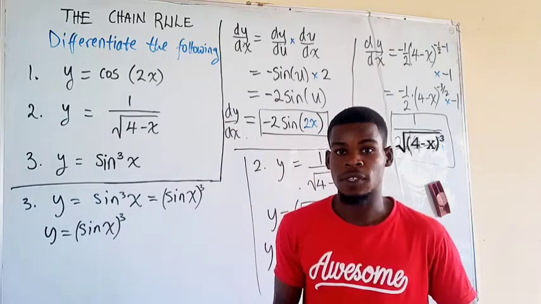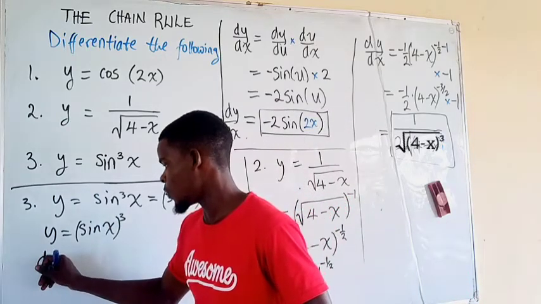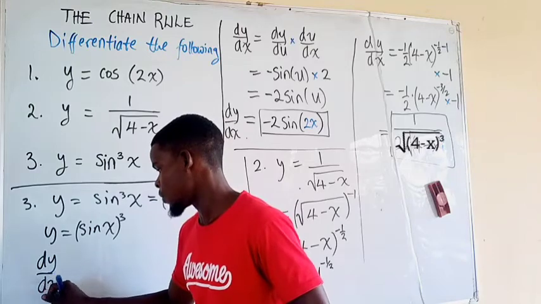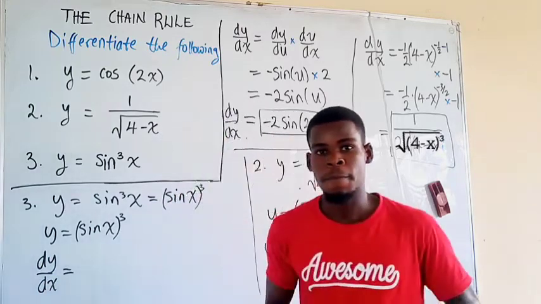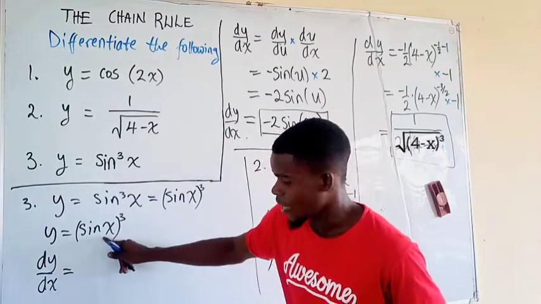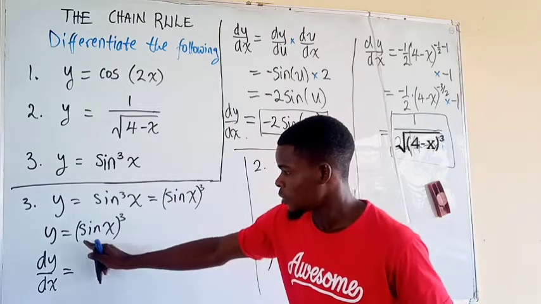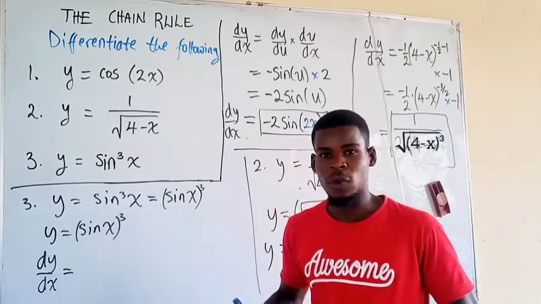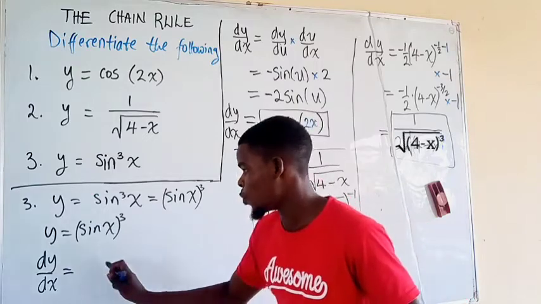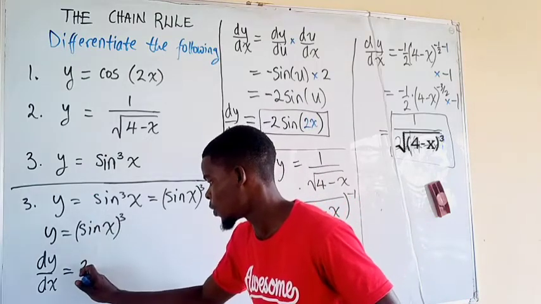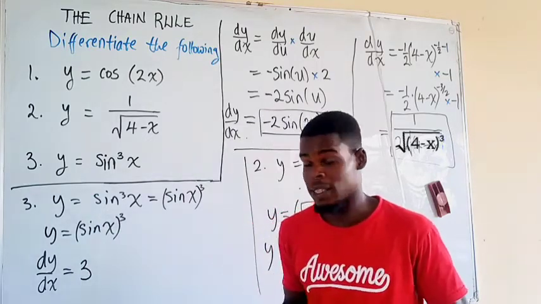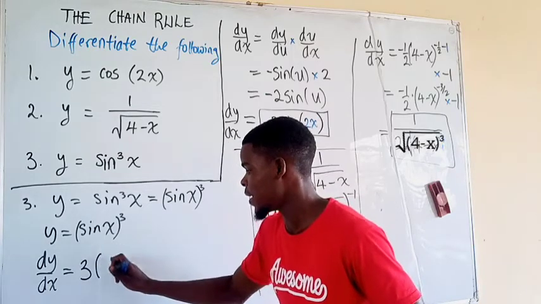Good. So to differentiate y with respect to x, we're going to have dy dx to be, now let's figure this sine x as the inside function, right? Something raised to power 3. If you want to differentiate x raised to power 3, you bring the 3 to the front, so it becomes 3, and then you multiply it with that thing. In this case, that thing is just sine x.